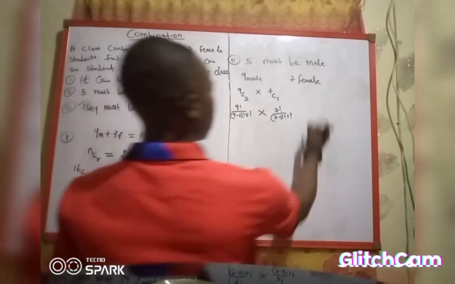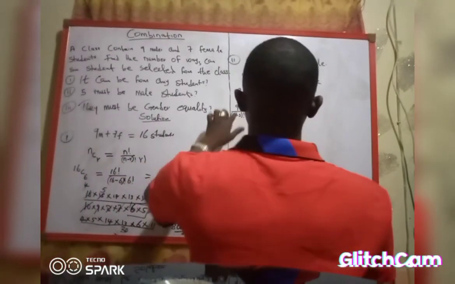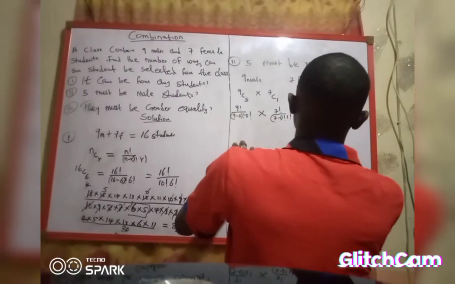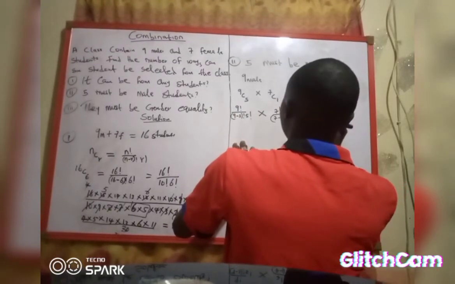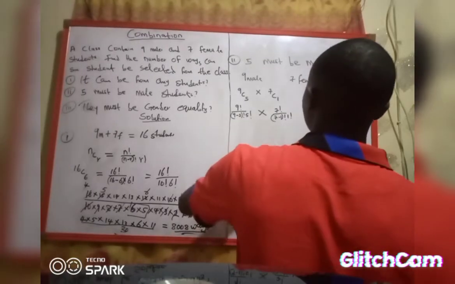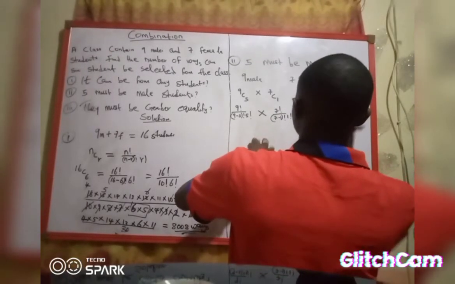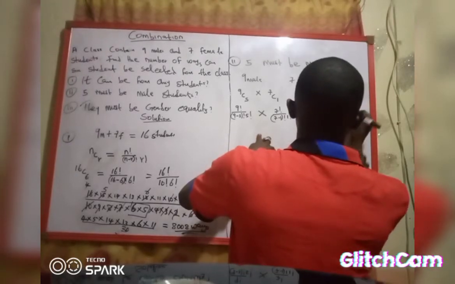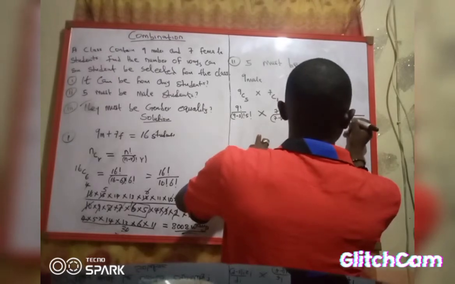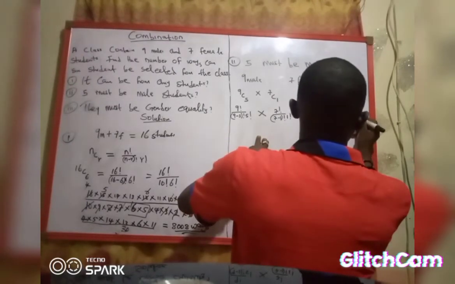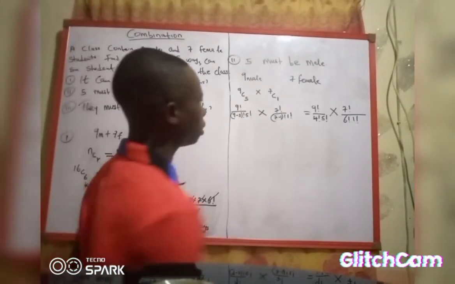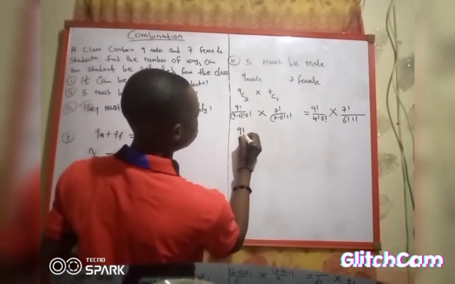So 9 factorial all over 9 minus 5, I will have 4 factorial times 5 factorial. Then 7 factorial all over 7 minus 1, we have 6 factorial here, then 1 factorial.